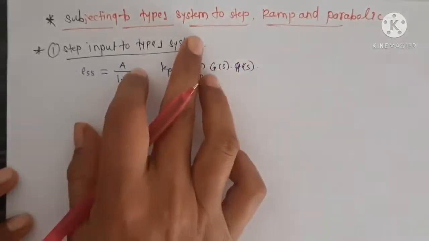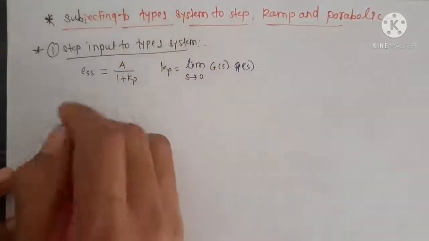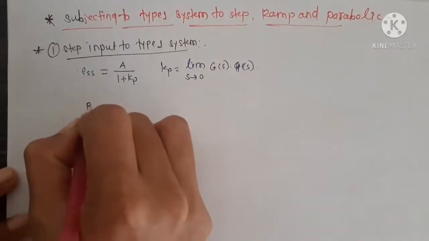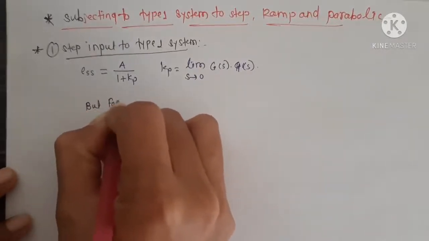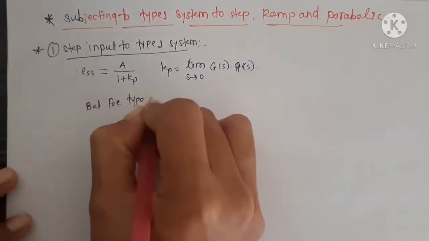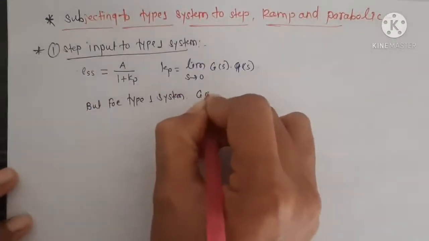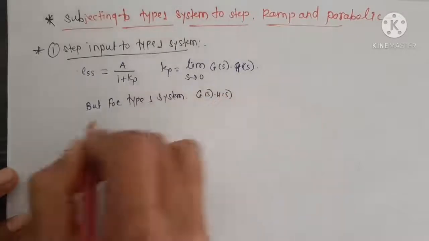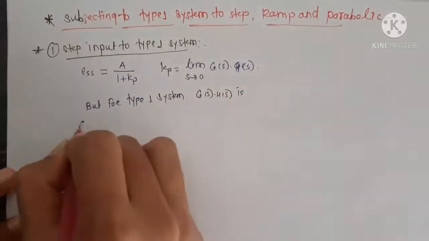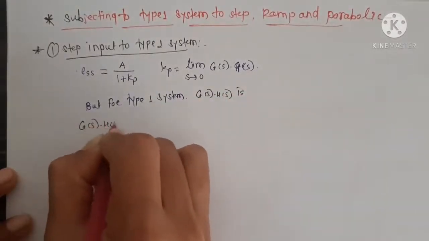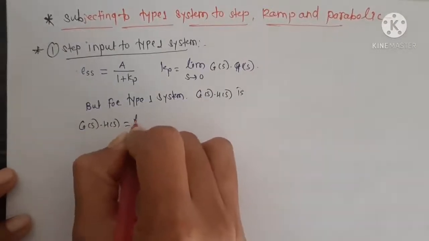But we know for type 1 system, what is G of S into H of S?